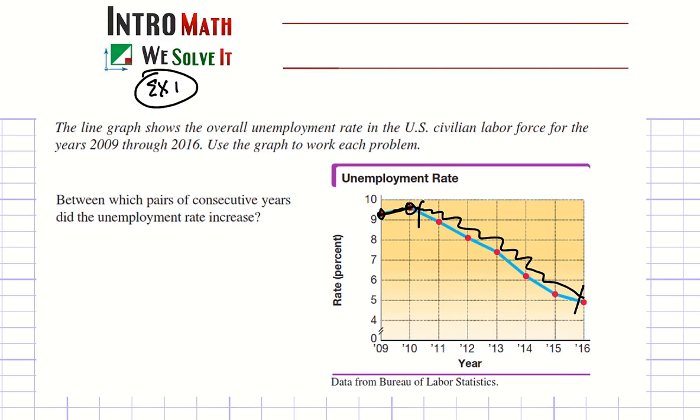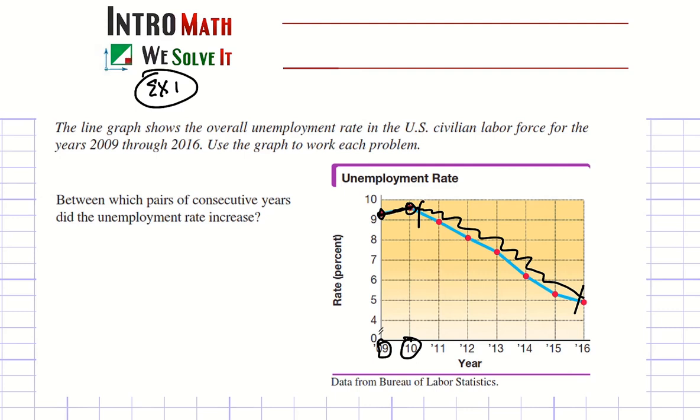So look at that. The years are 2009 and 2010. Those are the years that it increased. You see it right there, right? So the segment between 2009 and 2010 shows that the unemployment rate increases.